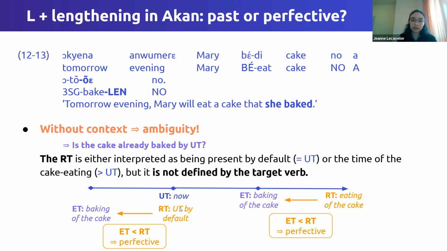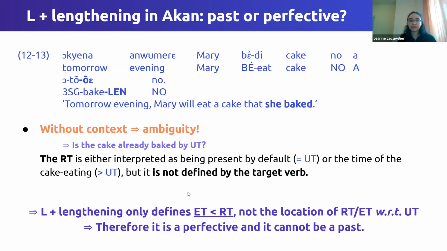So it can be after the return time. Actually, it could also be before the return time. You don't know. And this is why you get an ambiguity, because the aspect doesn't tell you anything regarding the relation between the reference time and the return time. So yes, it only defines that the event time is before the reference time, and it's a perfective.